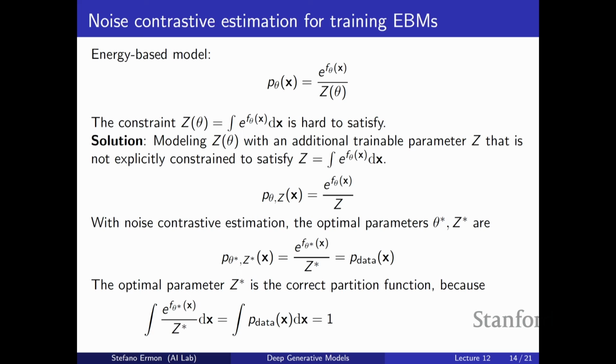So even though we treat z as a learnable parameter, in the limit of learning an optimal classifier, this learnable parameter that is not constrained to be the actual partition function will take the value of the true partition function of the model. Because that's what the optimal classifier should do if it does really well at this binary cross-entropy classification loss.